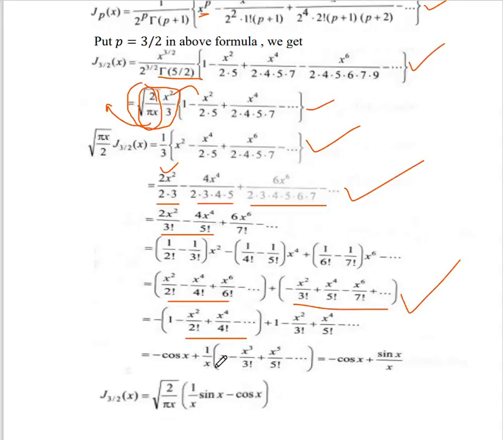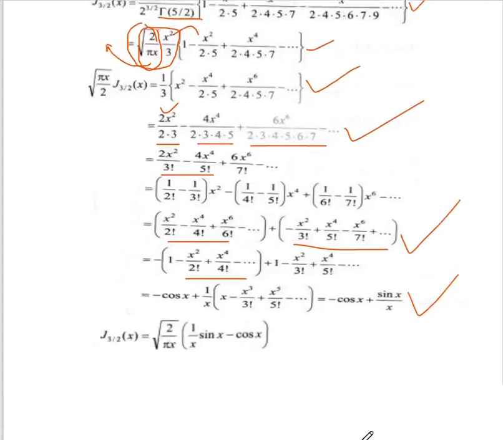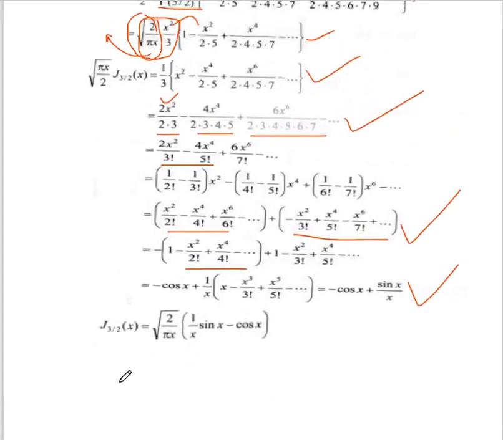Okay. So 1 upon x, x minus x cube upon 3 factorial plus x to the power 5 upon 5 factorial and so on. Okay. And this is nothing but the series of sin x, and upon x. So this is sin x upon x minus cos x. Therefore J 3 by 2 of x equals root 2 upon pi x into 1 upon x sin x minus cos x.